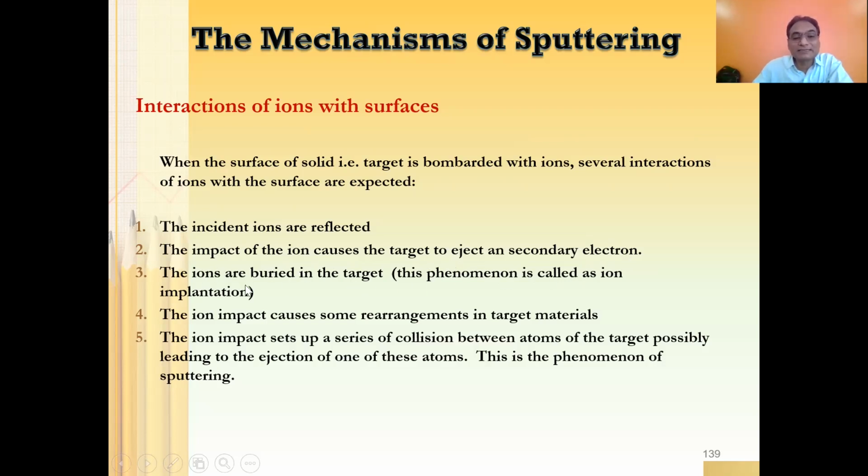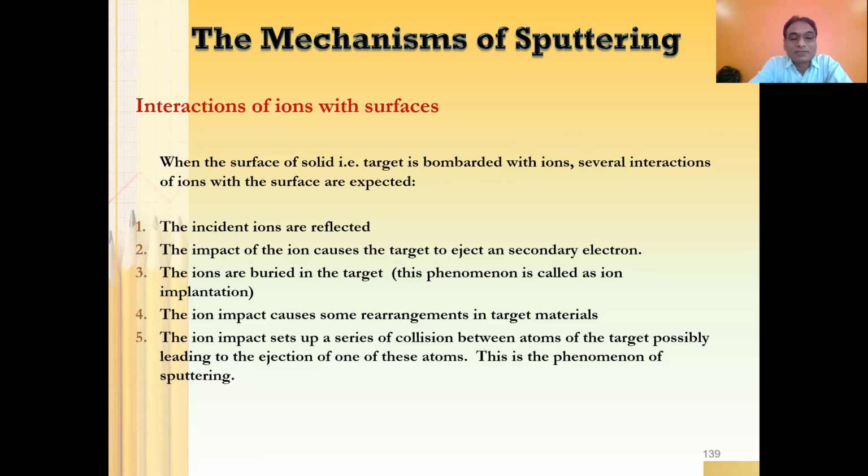Third possibility, ions are buried in the target. This is what we call ion implantation. वो जो है ना वो बाहर निकलेंगे नहीं. Fourth, ion impact causes some rearrangement in the target material. Whenever the ion is buried, obviously there will be some rearrangement in the target material.